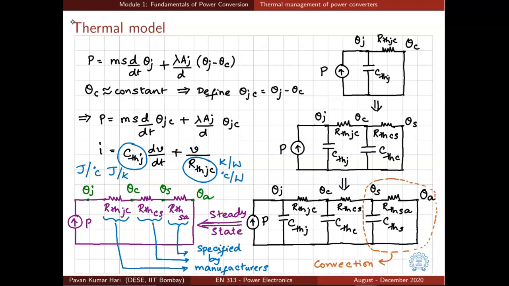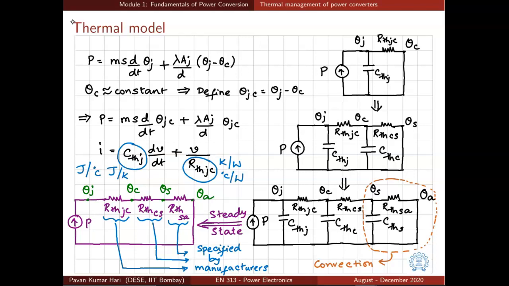And then we have dV by dt, and what is this voltage? Voltage is nothing but the potential difference, and here in terms of the heat transfer, it is the temperature difference between 2 points, theta j minus theta c, which is analogous to potential difference, and I is the current, which is analogous to P, the power loss.